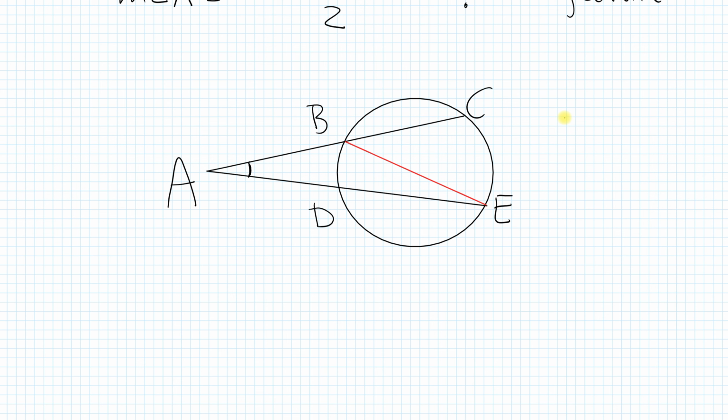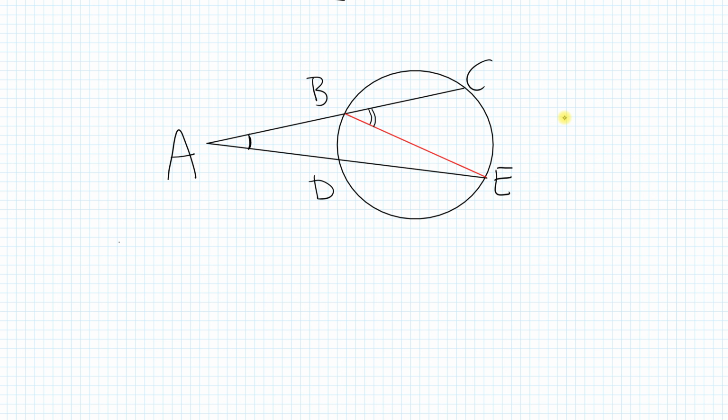It's very similar to the do now. If you look at this angle over here, what is that equal to? Well, the measure of angle CBE is equal to 1/2 the measure of arc CE, okay? So what's the reason for that? Why is it true?